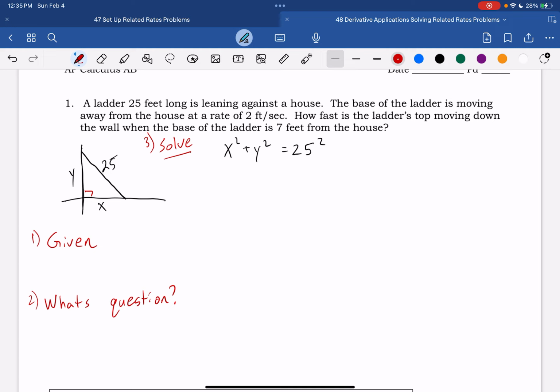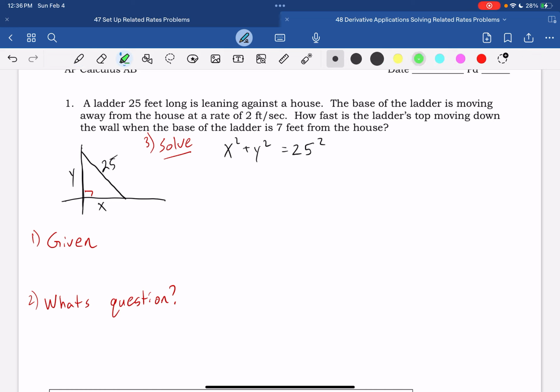Okay, so in this video to actually solve them, we're going to go through pretty much a three-step process where we want to identify what's given to us. We've already got our diagram and our relationship between them, but we didn't ever talk about the rates that were given to us in the last video.